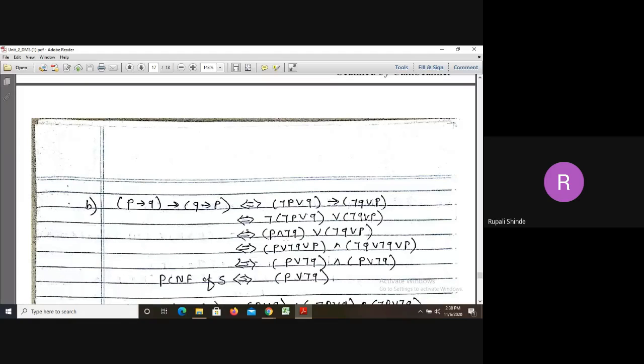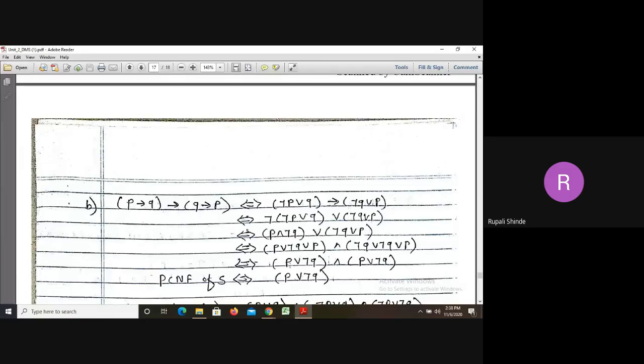And there is another way, we can apply the distributive law as P or negation Q or P, this is the first bracket, and negation Q or negation Q or P, this is the second bracket. Now what is the value for this first bracket? P or P or negation Q. P or P means P only.